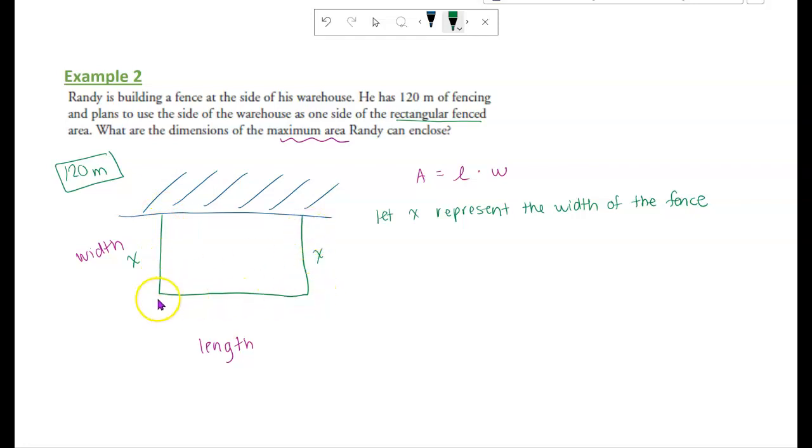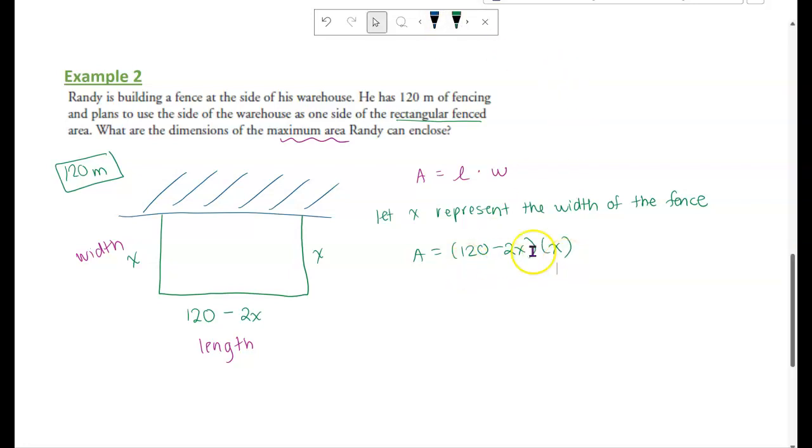So the length is what's remaining. So that would be 120 meters minus the 2 x's. So that's that dimension. So I can fill it into my area equation of area equals length, which is 120 minus 2x, times the width, which was x.